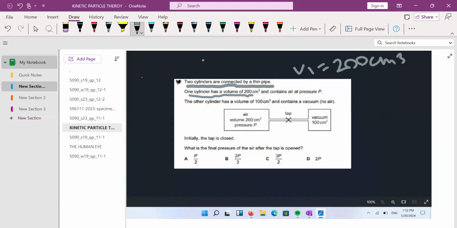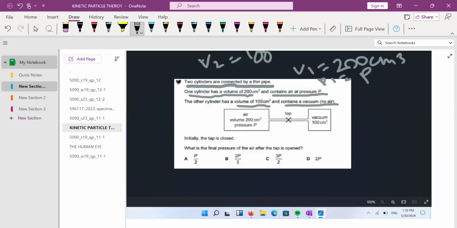Then contains air at pressure P. P1 is P. The other cylinder has a volume of 100 centimeter cube. So you can say the V2 equals 100 centimeter cube, and the vacuum contains the vacuum means no air.